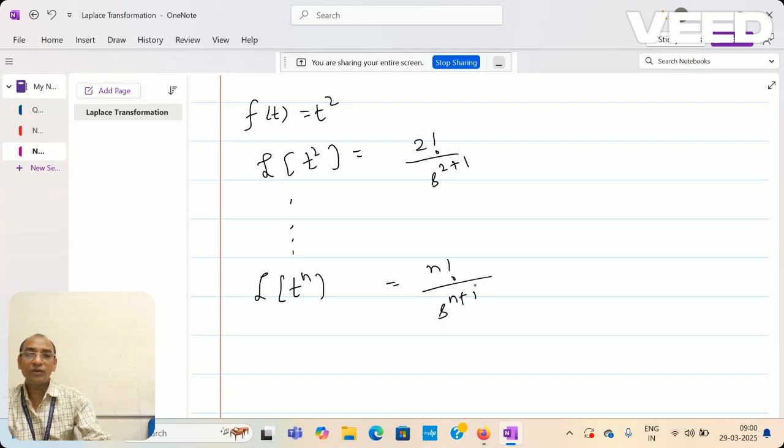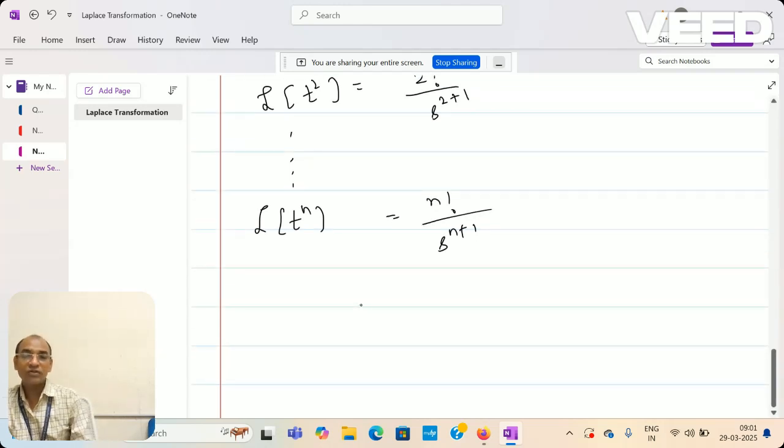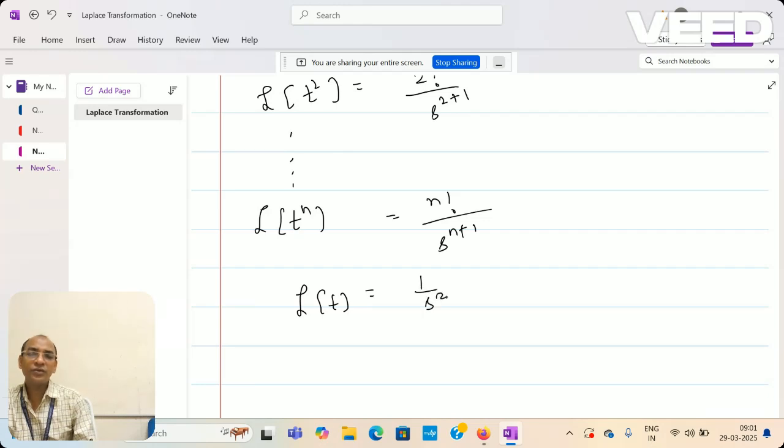Okay. So in the other way, what will be the inverse of this? Suppose the Laplace transformation of t is nothing but 1 by s square, then the inverse Laplace transformation of 1 by s square will be nothing but t.